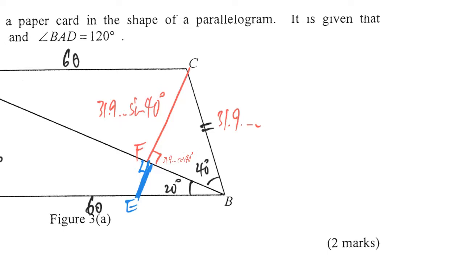Then we can get the blue line here: it is 31.9 times cosine 40 degrees, and then the whole thing times tangent 20 degrees. So among the three lines, we already get two lines, this line and this line.